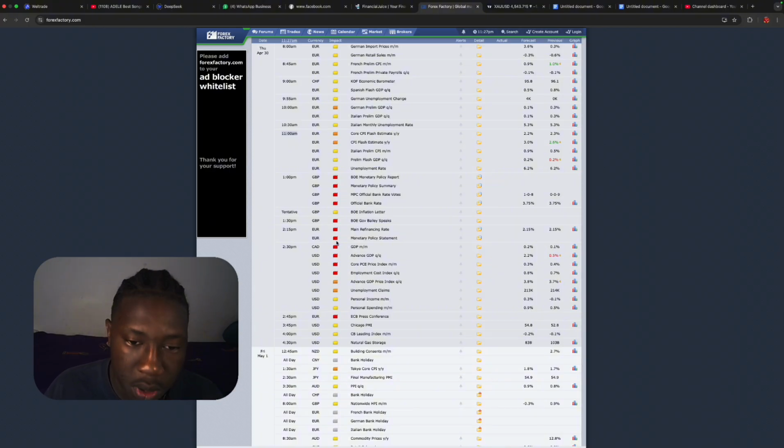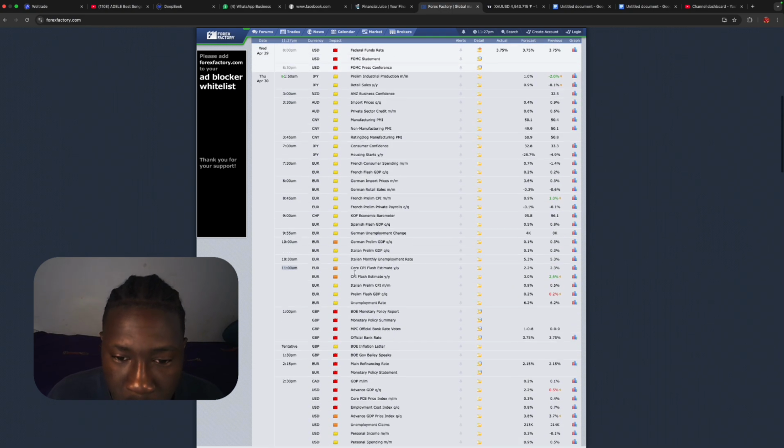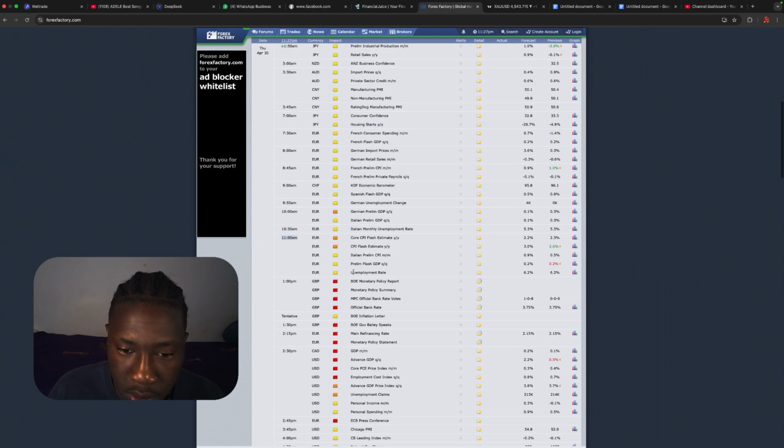At 2:30 p.m. we have Canadian dollar and US dollar at the same time. And then at 2:30 again we have another orange folder for USD: employment cost index, core price index.